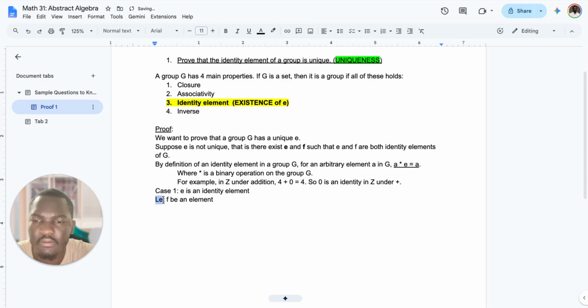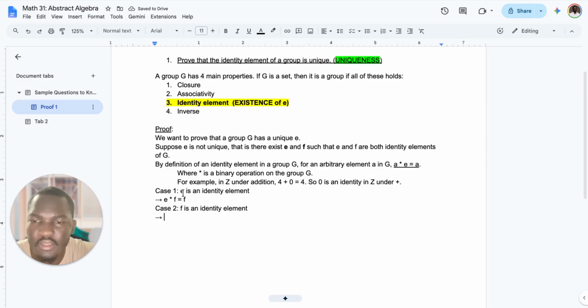Case one: this means that by definition, E is the identity element here, so when you operate E on anything, it should give that thing. Now case 2: F is the identity element. I took a step back so that it's a little clearer.